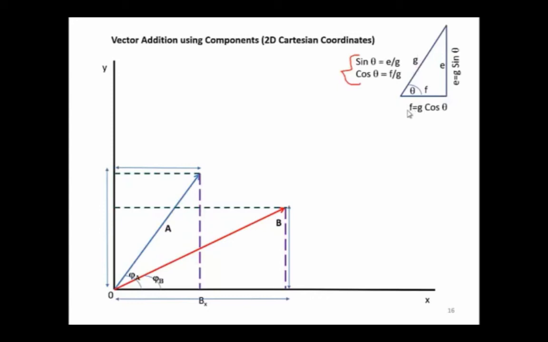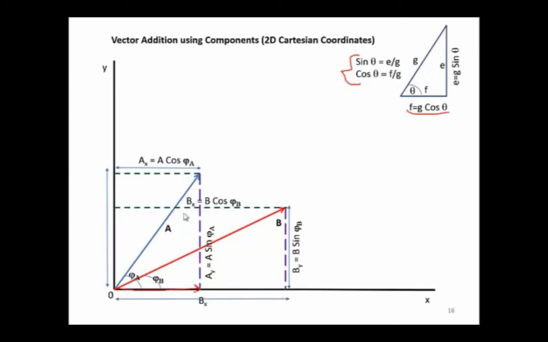So you can write down those numbers here. Using those, we can get the actual components in terms of the lengths of A and the lengths of B. And remember, I'm drawing these away from the axes. In reality, we could have A x sitting here and B sub x along the axis. It doesn't matter. We can put them up here or down here.